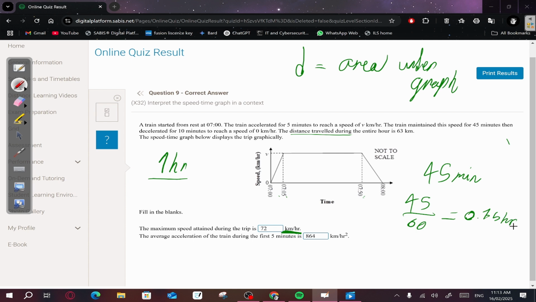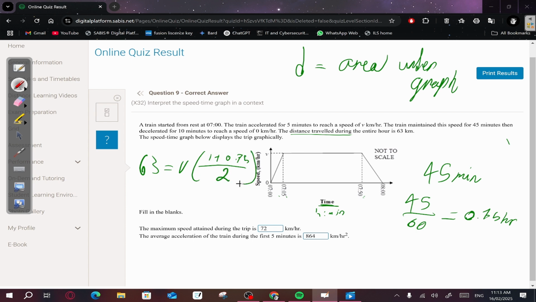So this means our first base, so 63 is equal to v times 1 plus 0.75, because remember, we're keeping it in hours. Our base is time, in hours and minutes, and they want it in hours, so we're changing it to pure hours, over 2.